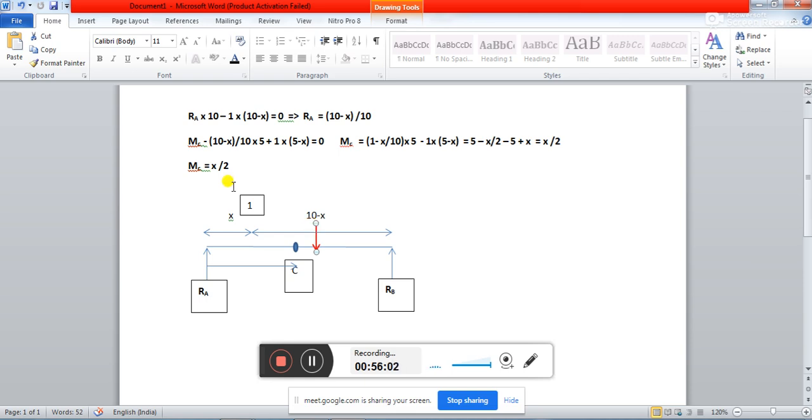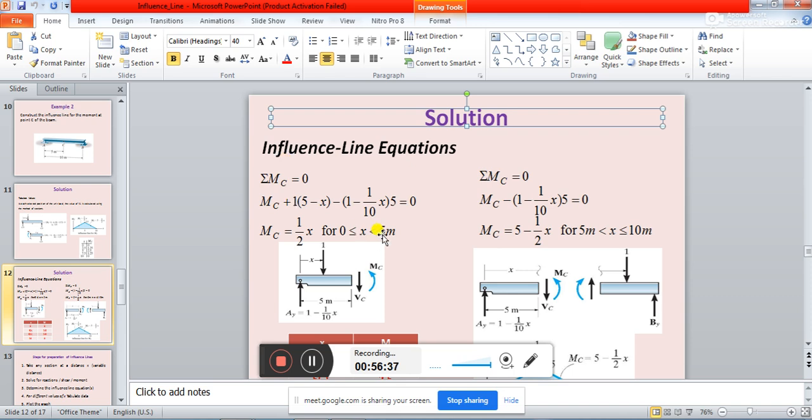So you see, this equation of MC will be valid only for x values where x is less or equal to 0 and just a little bit less than 5.